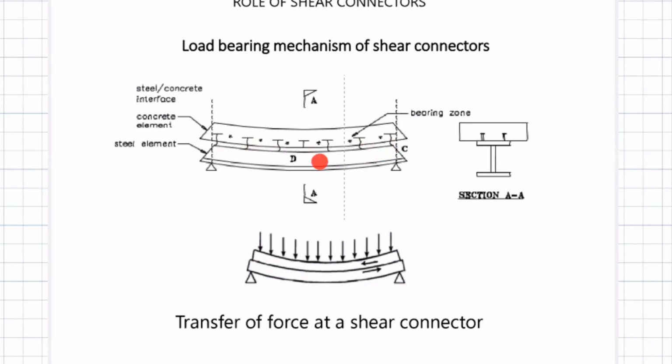Now, when I apply a load like this, the deflection of the steel, because the steel has more modulus, will be less compared to the concrete. However, the concrete, being less in modulus, will try to bend in the curvature of the steel beam. That's the thing.